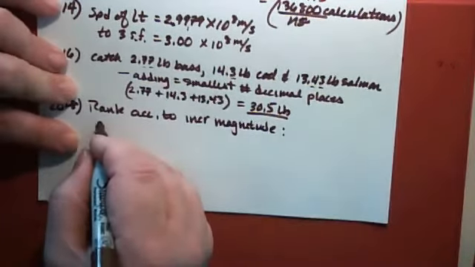A is 0.25 meters per second. B is 0.75 kilometers per hour. C is, where are we here, number 20, 12 feet per second. And D is 16 centimeters per second.